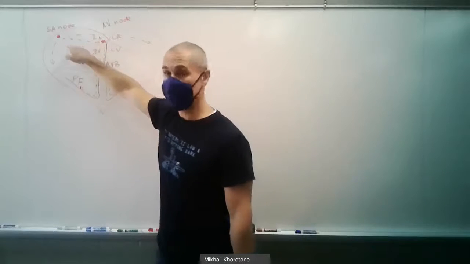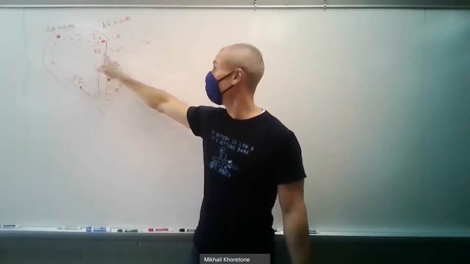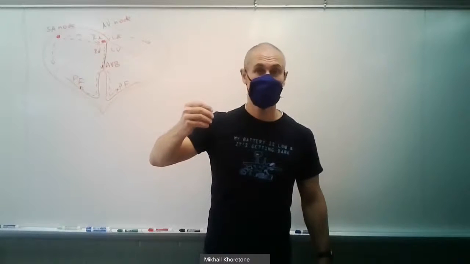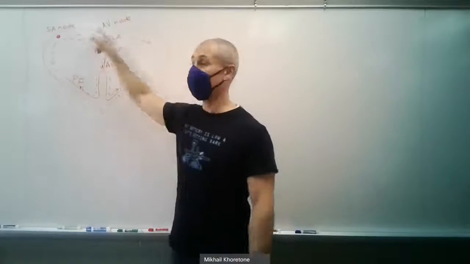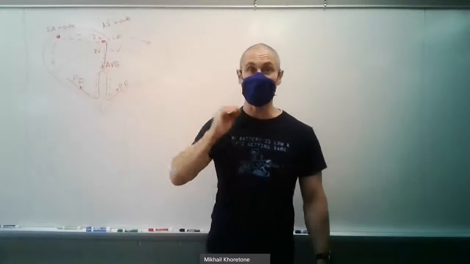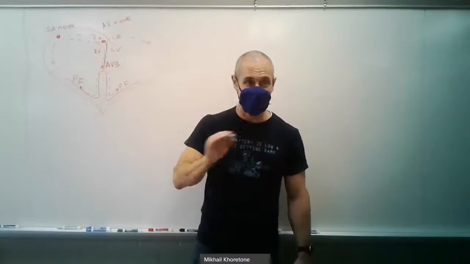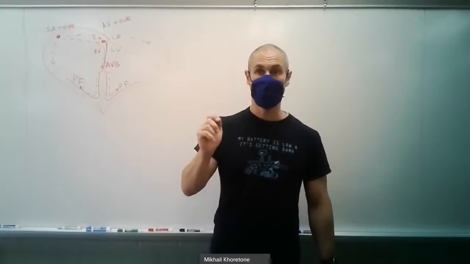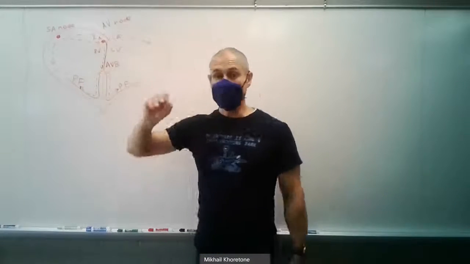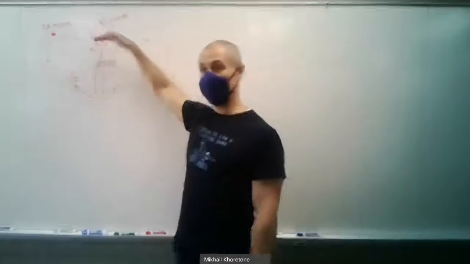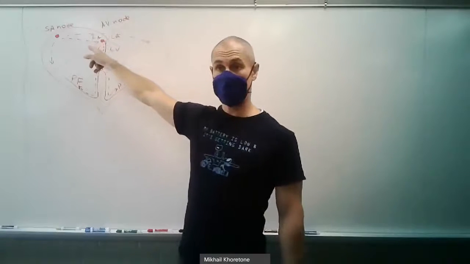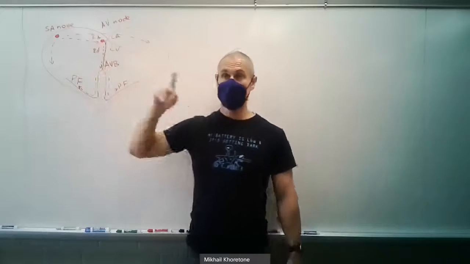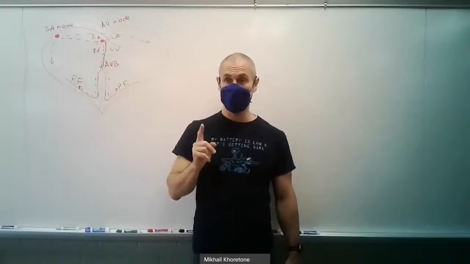If the signal does not go from atria to ventricles, except through the AV node, what does that mean? Bingo. Atria and ventricles are not connected by gap junctions at all. Does that make sense? That's really, really important. The only electrical connection between atria and ventricles is the AV node.